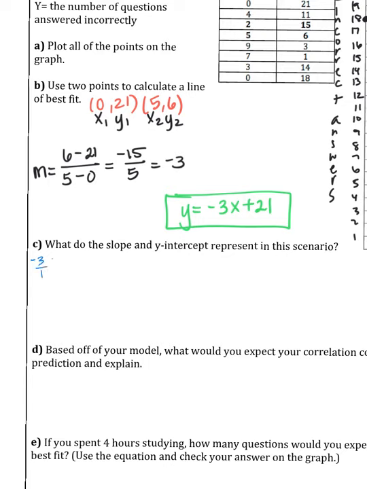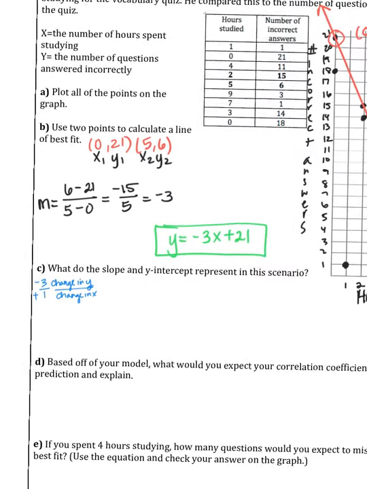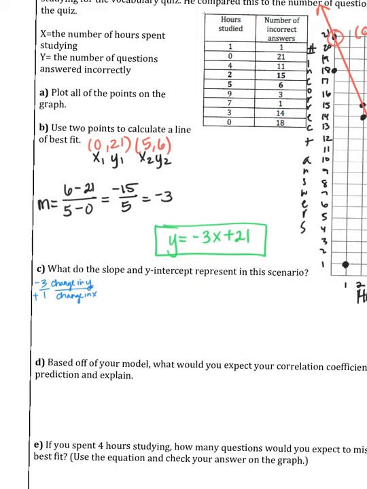And remember, your slope is your change in y over your change in x. And I've got a positive 1 underneath a negative 3. So what we're going to say is for every 1 change in x, what happens to y? And we're going to use the context of our problem, remembering that x is the number of hours studied and y is the number of incorrect answers.